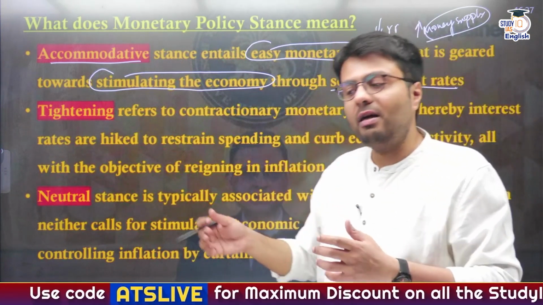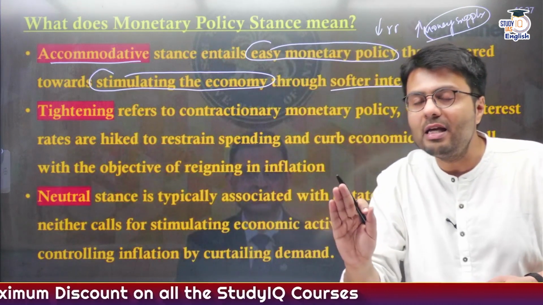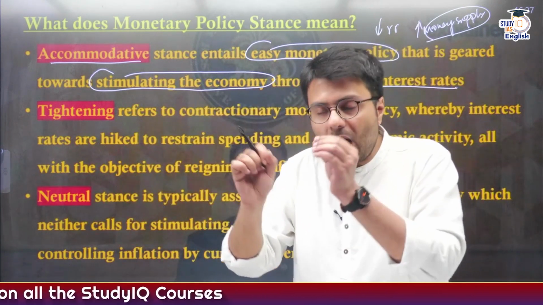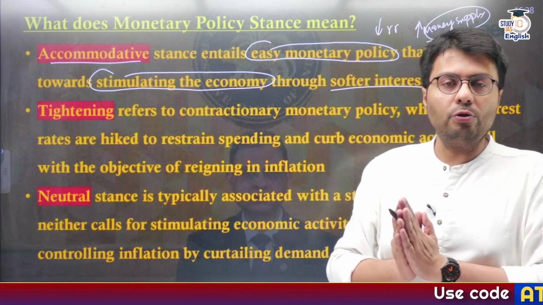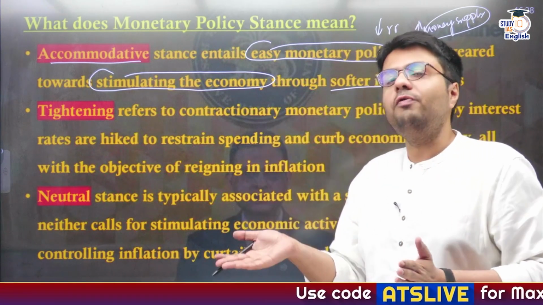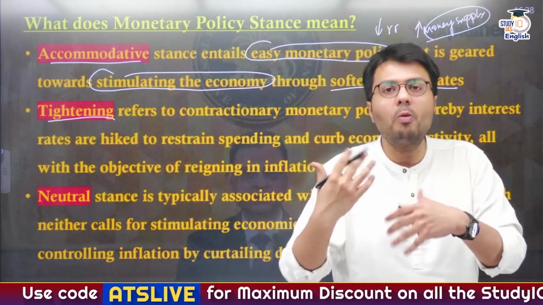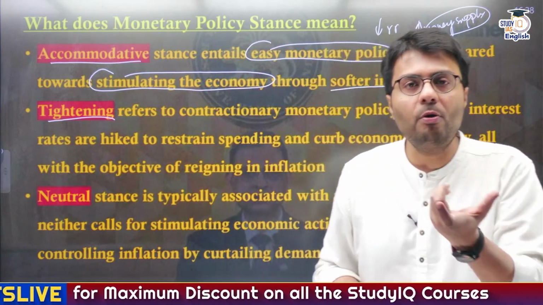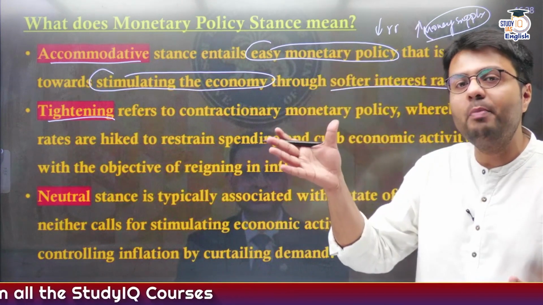So it does not mean that RBI will surely reduce the repo rate, but it means that RBI is looking to reduce the repo rate, if the conditions then allow the RBI to do so. Now the opposite of accommodative stance is what is called the tightening stance. You understand, accommodative means following an easy money policy, that is reducing the repo rate and increasing the money supply.